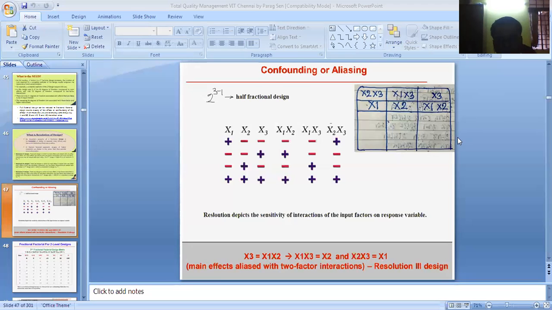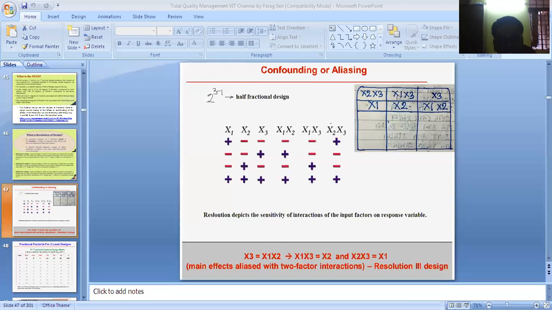So the column for x1 x2 will also be the same for the newly introduced factor x3. Okay, so you can write x3 is equal to x1 x2.